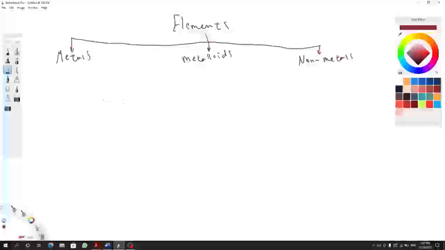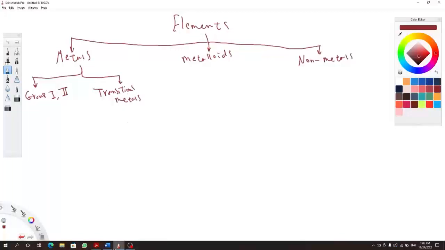Right? Metals can be further classified into group 1 and 2 metals and the transition metals.